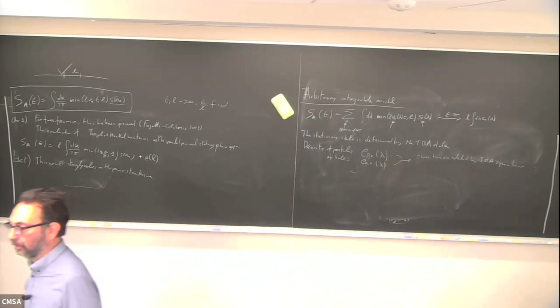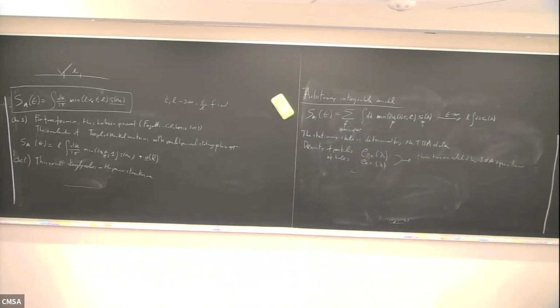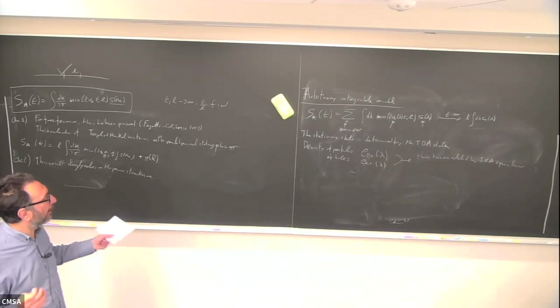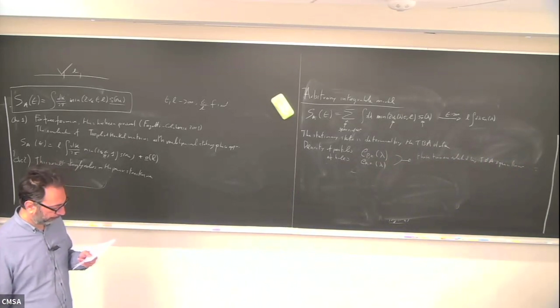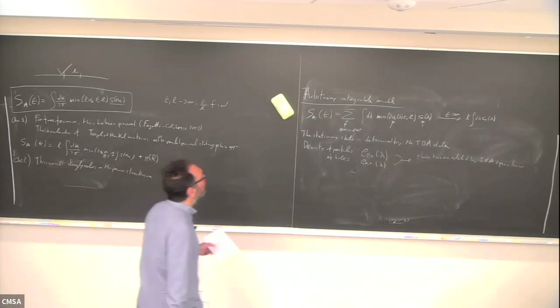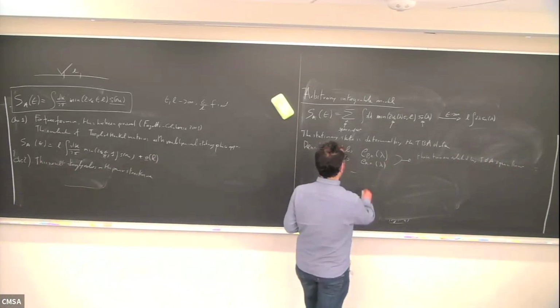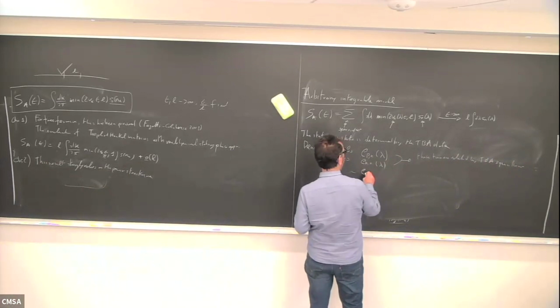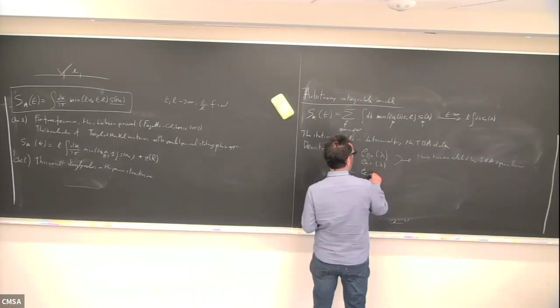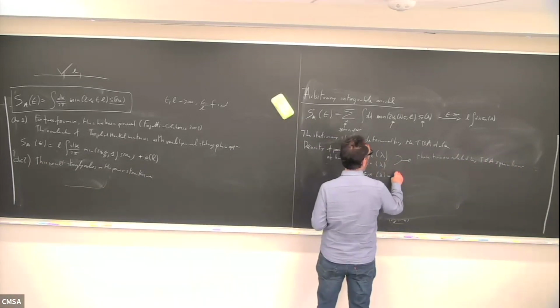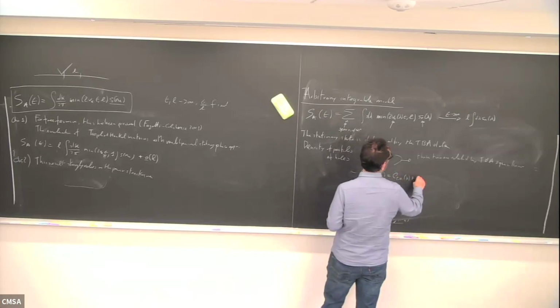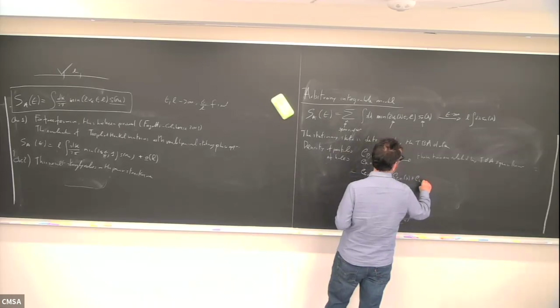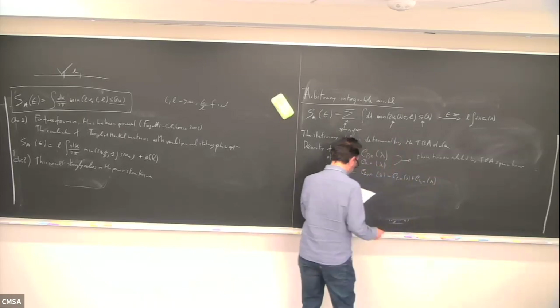The Bethe equation for large system size becomes an integral equation, and this integral equation is a relation between ρ particle and ρ hole. And one also introduces, as standard notation, ρ total of n, λ, which is the sum of ρ particle n of λ plus ρ hole n of λ.